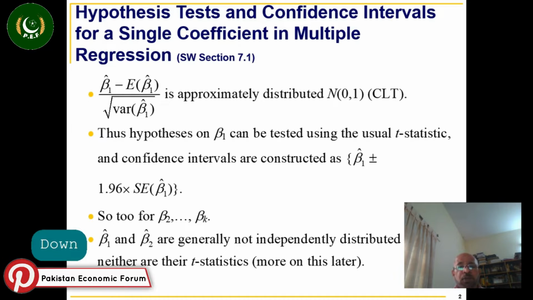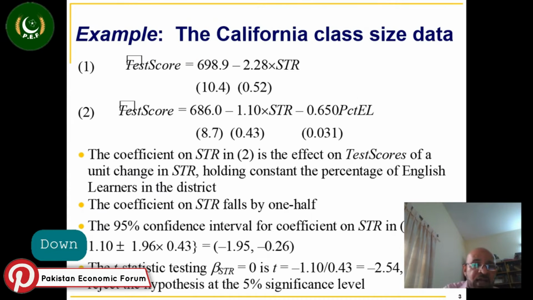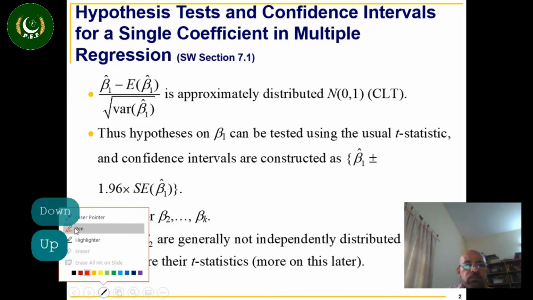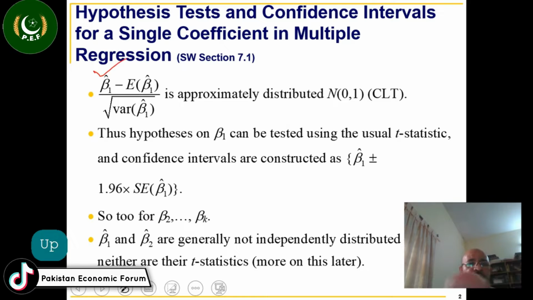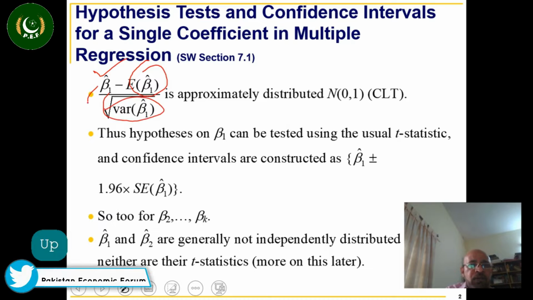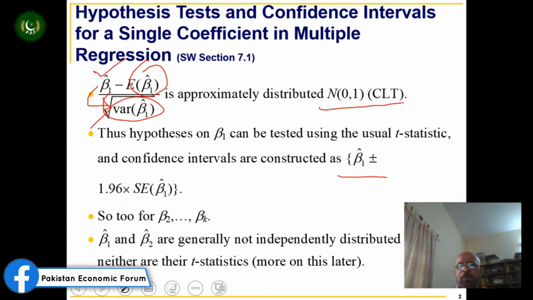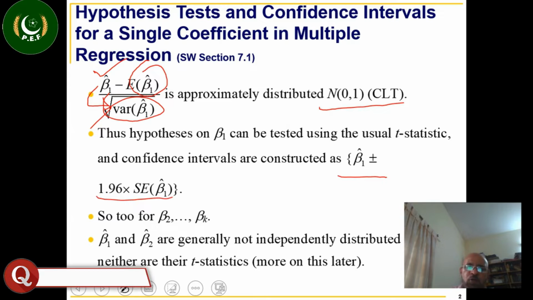For individual coefficients, it's okay. You always have the sample statistic, minus the theoretical value, divided by the standard error of this one. We have discussed that for a large sample, the central limit theorem applies and the distribution follows normal. Confidence interval as usual, for beta 2, beta 3, beta 4, beta k.